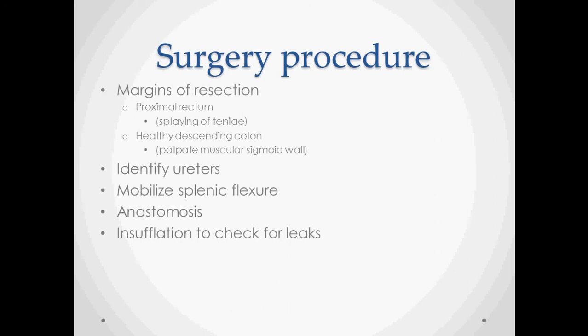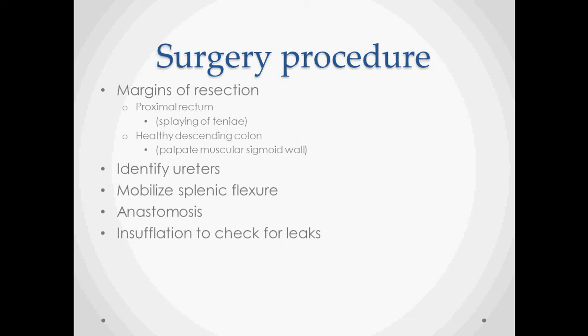Generally, with a sigmoid resection, you can use an end-to-end stapler. So you stick one of the ends of the stapler through the anus up into the rectum, and then the other end goes around the outside, and that will staple.